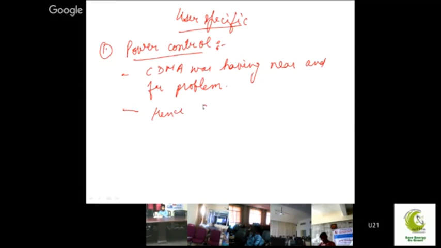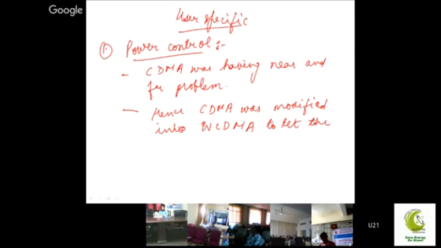Hence, CDMA was modified into WCDMA, that is wideband code division multiple access, to let 3G operate. So basically our 3G is working on WCDMA.